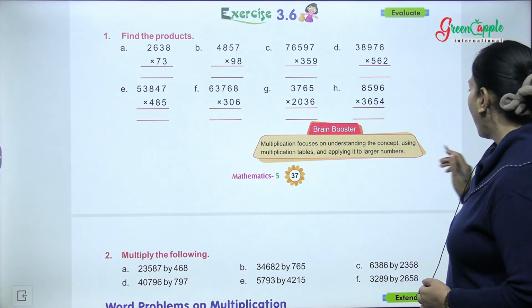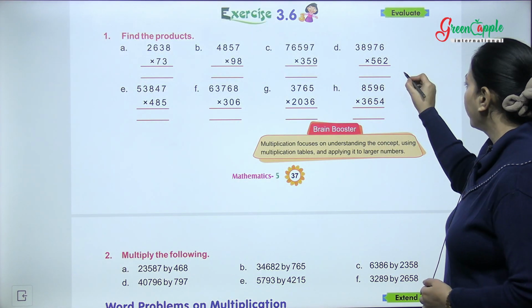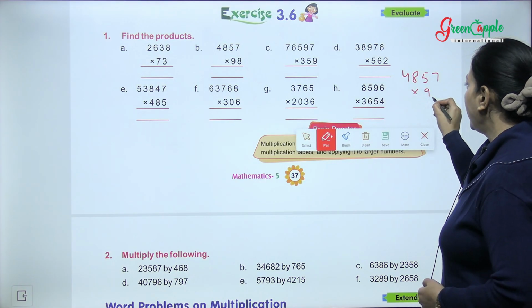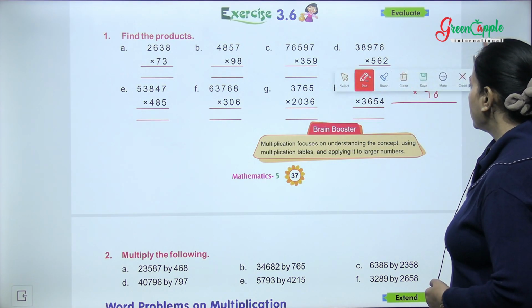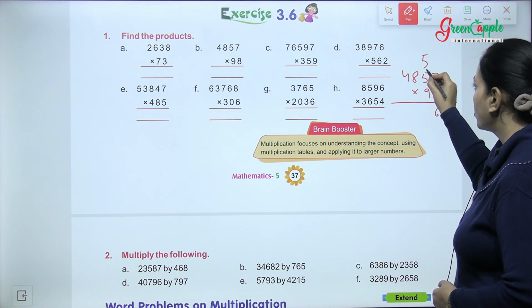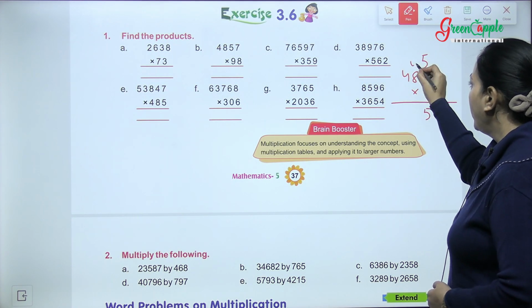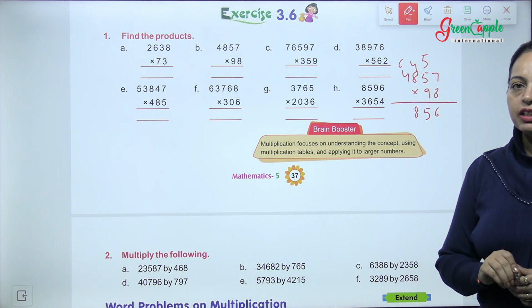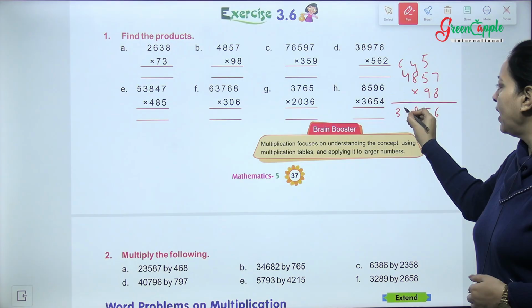See here, like B part, 4857 multiply by 98. So first multiply by ones digit: 8 7s are 56, 8 5s are 40 plus 5 is 45, 8 8s are 64 plus 4 is 68, 8 4s are 32 plus 6 is 38.